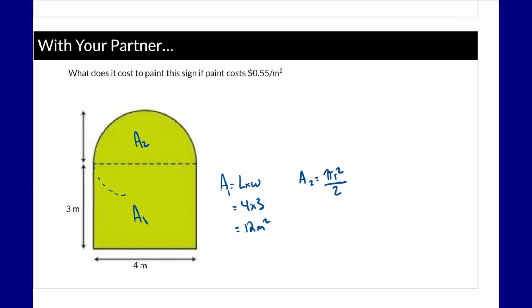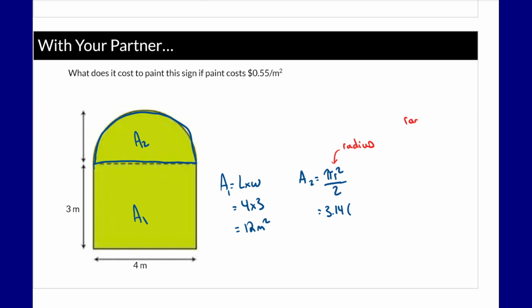If I just left it, I would be finding the entire circle's area, which I don't want. I'm only concerned about a semicircle, which is this portion.